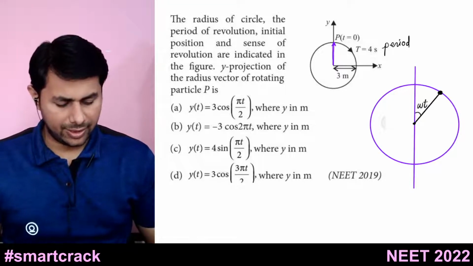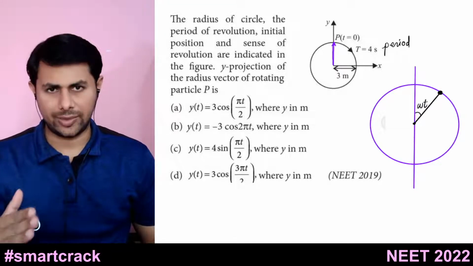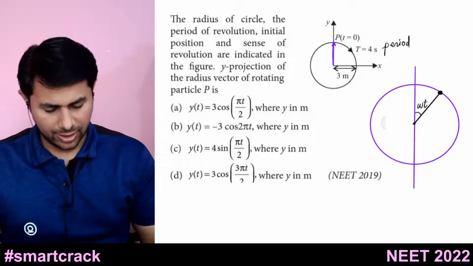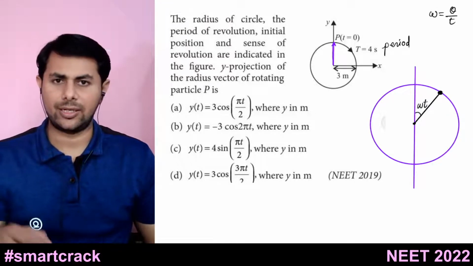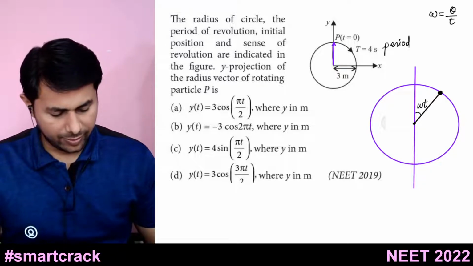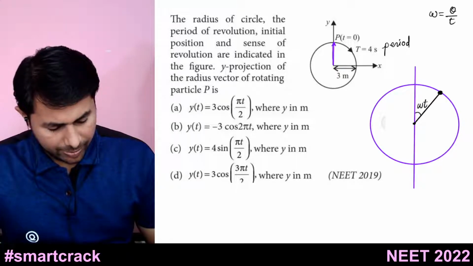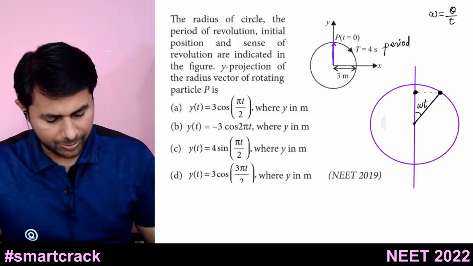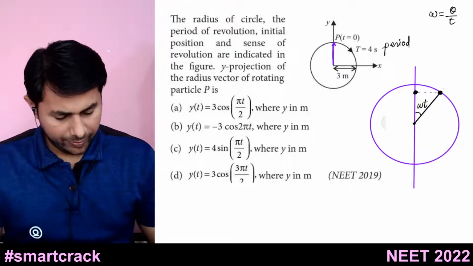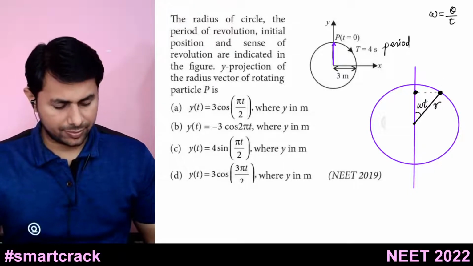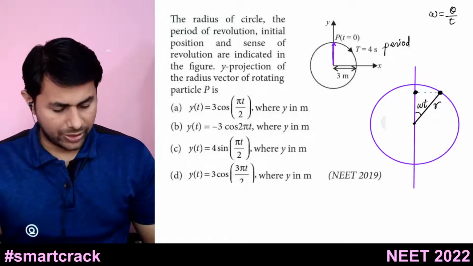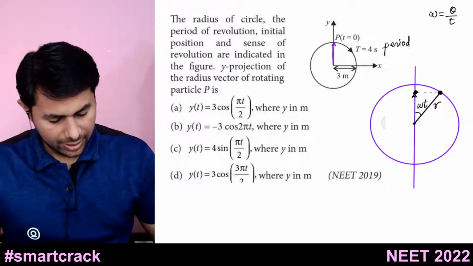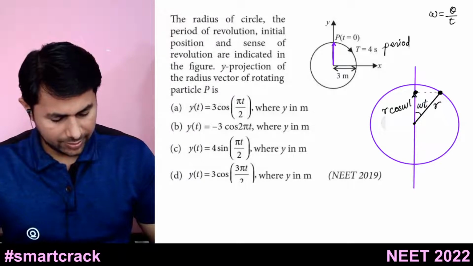In time t, it will move through angle omega t, because if we recall from circular motion, omega is theta upon t. So theta equals omega t. If you draw a perpendicular from here, you will get the y projection. So this is r, and if you resolve it into two components, this will be r cos omega t.